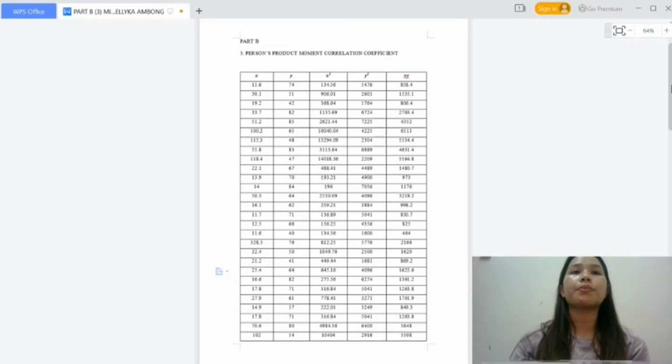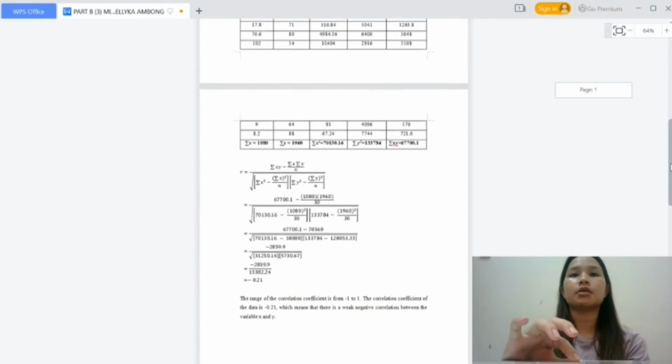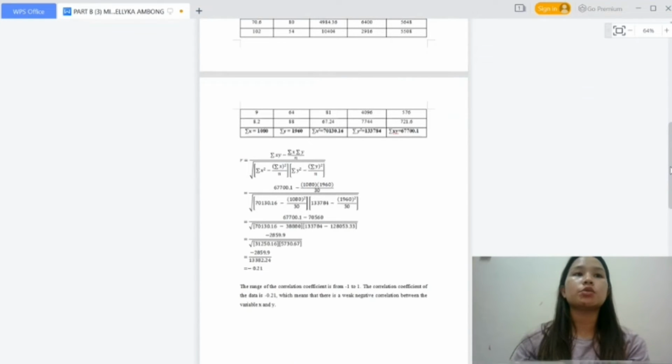Today, I want to present how to calculate Pearson's product moment correlation coefficient. This formula is used to measure the strength of the relationship between two variables that are quantitative in nature. The formula is summation xy minus summation x times summation y, divided by the total number of data.